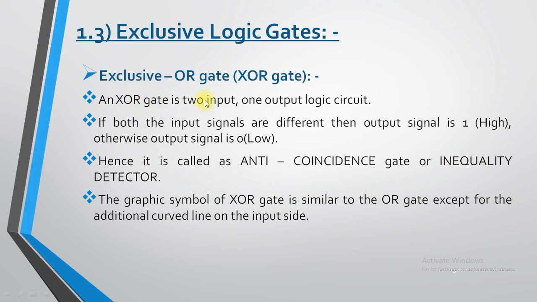When there are two inputs and one output in a logical circuit, it is known as XOR gate. This point I will explain when I explain the truth table of exclusive OR gate. Let me read the third point. It is also called anti-coincidence or inequality detector.